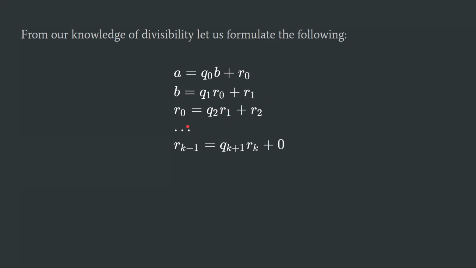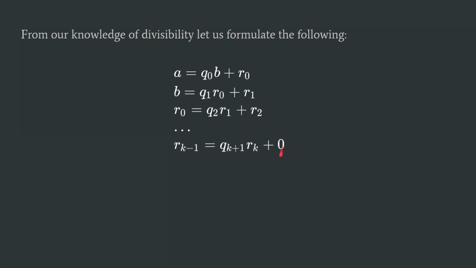So ultimately, we can't go to negative numbers, right? This remainder cannot be negative. It has to be 0 at some point. So by the logic of infinite descent, we will attain a finite number k, such that we will have R(k-1) equal to a certain divisor times Rk plus 0.